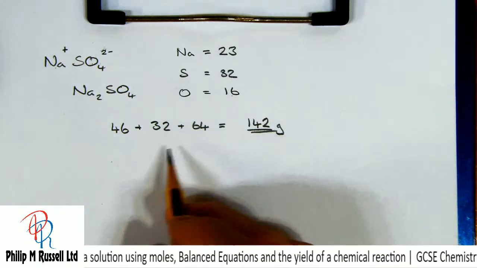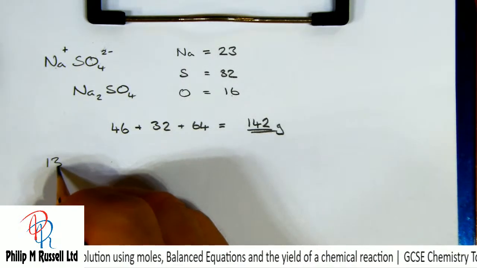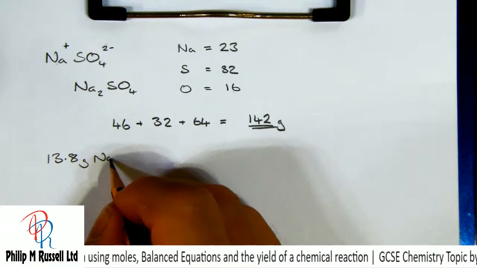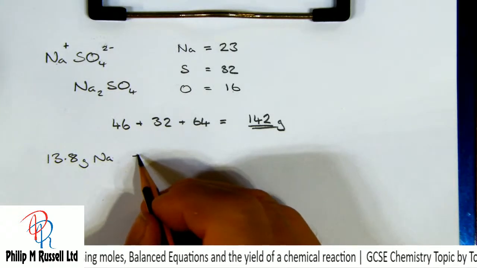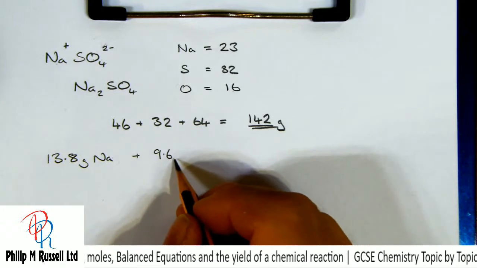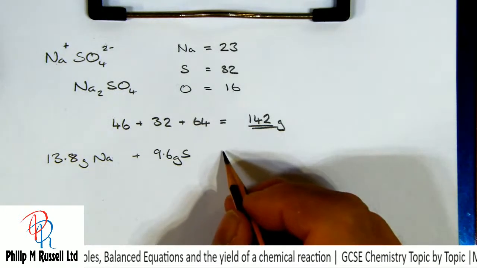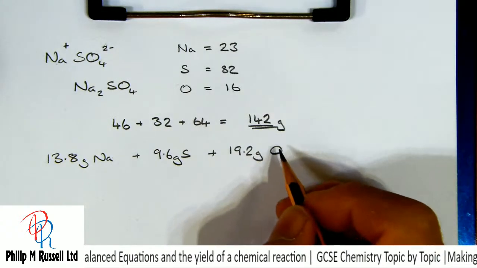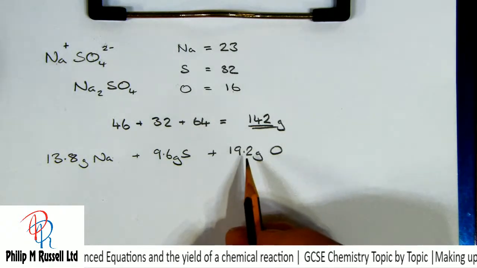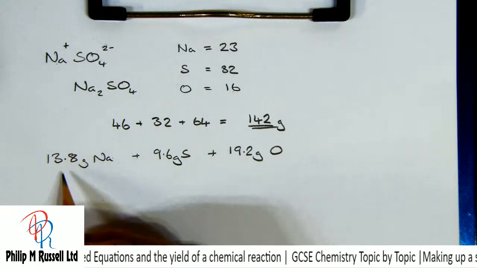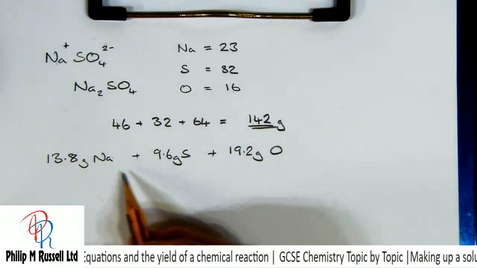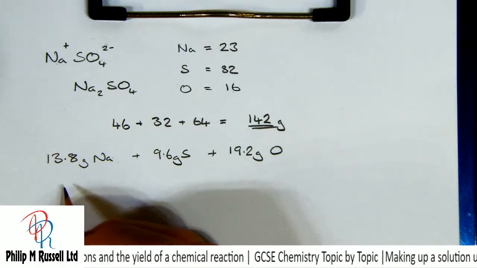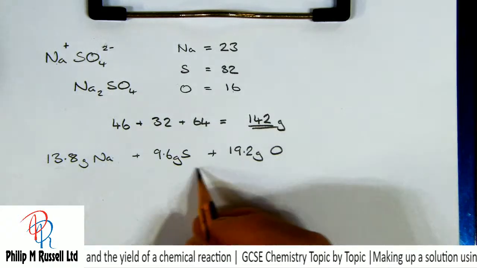Let's imagine that I took 13.8 grams of sodium and I reacted that with 9.6 grams of sulfur plus 19.2 grams of oxygen. Now, to work out how much of these react with each one, let's see if we can work out how many moles of each of these we've got.